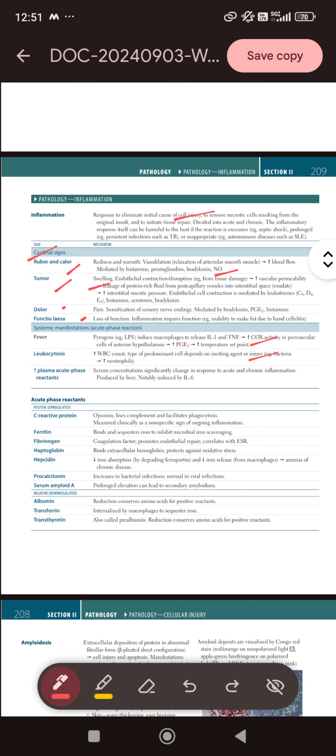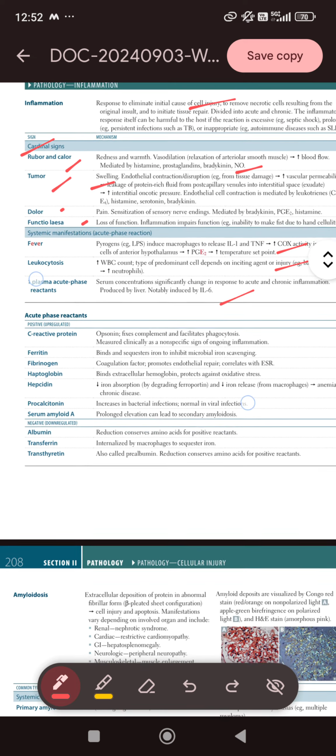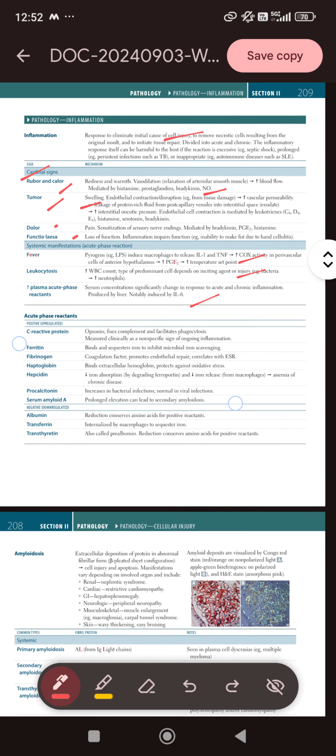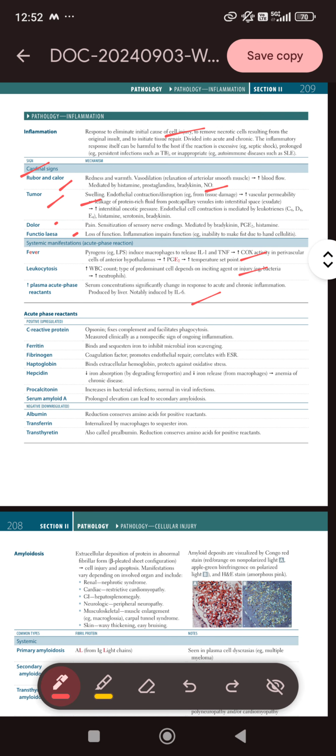Increase in the plasma acute phase reactants, whose serum concentration significantly changes in response to acute and chronic inflammation, produced by the liver, notably induced by interleukin 6. Okay, now acute phase reactants. For acute phase reactants, we have positive, for upregulation, if it is present, and what is the meaning of it.